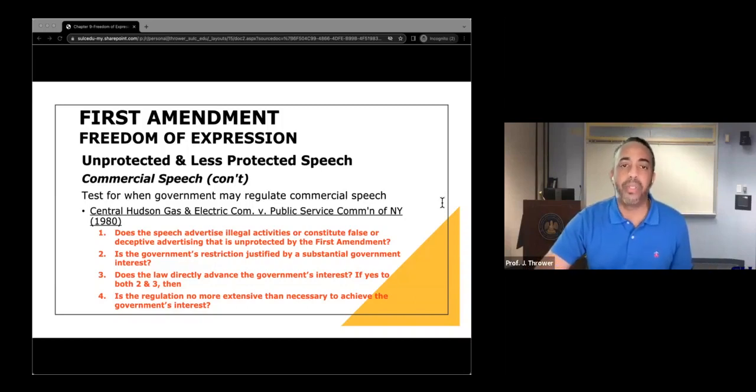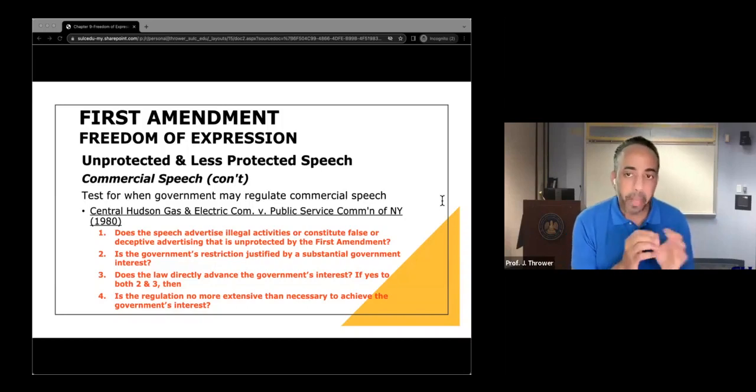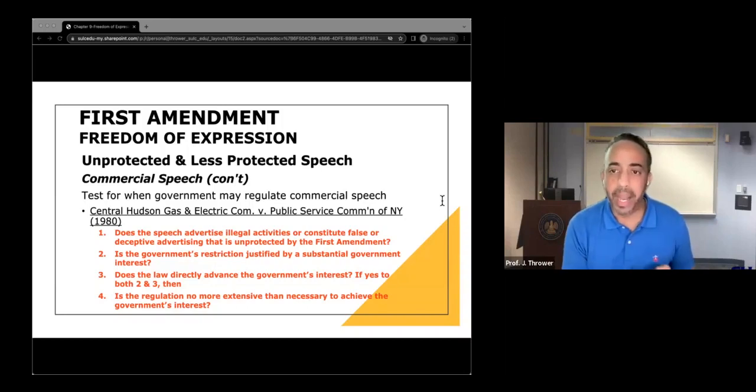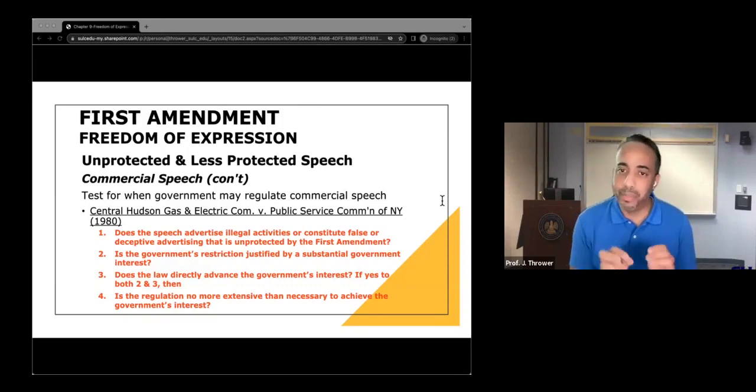The court was very clear about those things in the Virginia Board of Pharmacy case. The second question that the court asked is, is the government's restriction justified by a substantial government interest? Sounds a little bit like intermediate scrutiny, right? Third, does the law directly advance the government's interest?